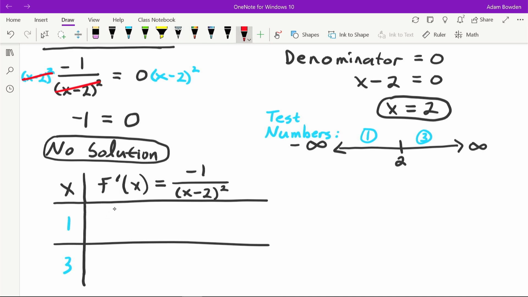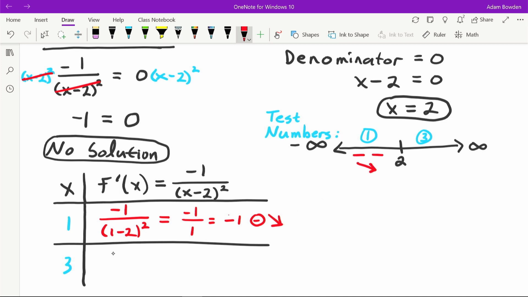For positive 1, it'll look like negative 1 over 1 minus 2 raised to the second power, which turns into negative 1 divided by positive 1, or just negative 1. Since this is negative for the first derivative, that means it's decreasing.